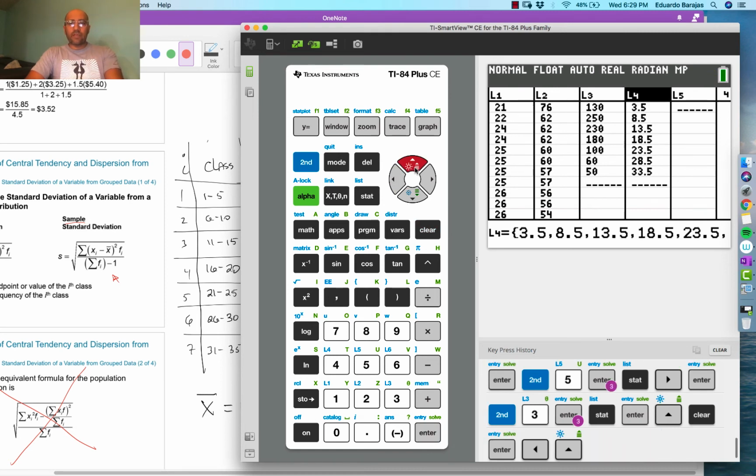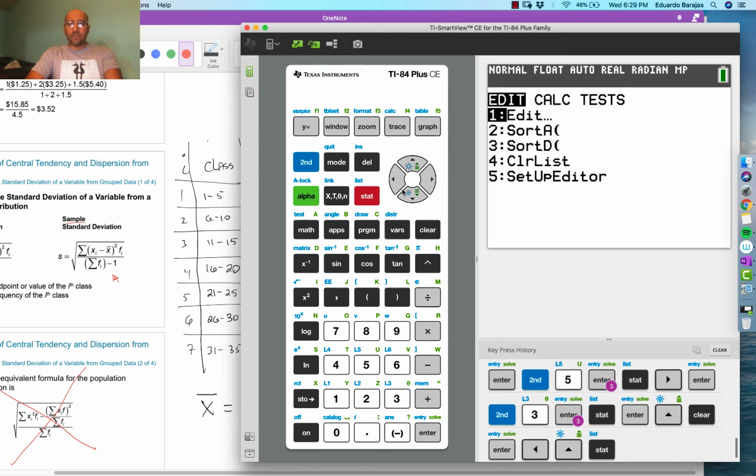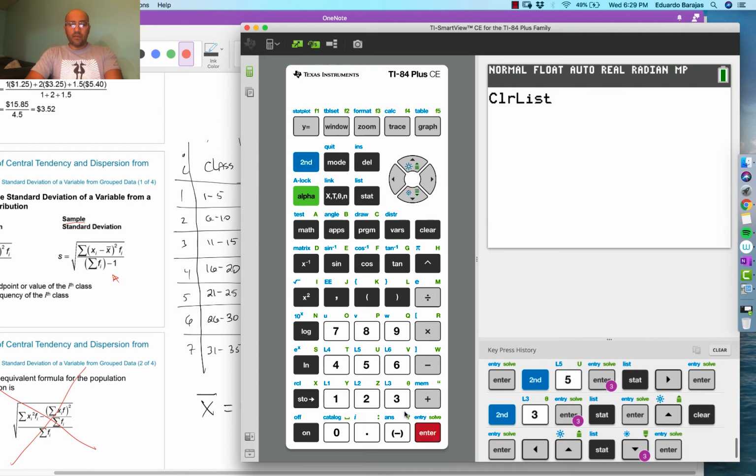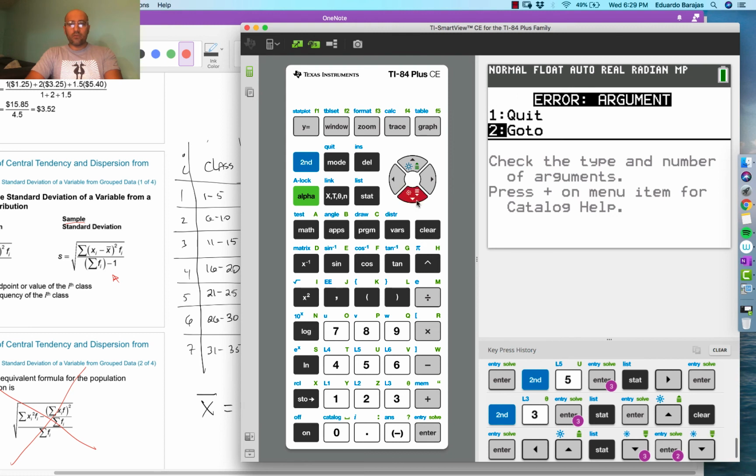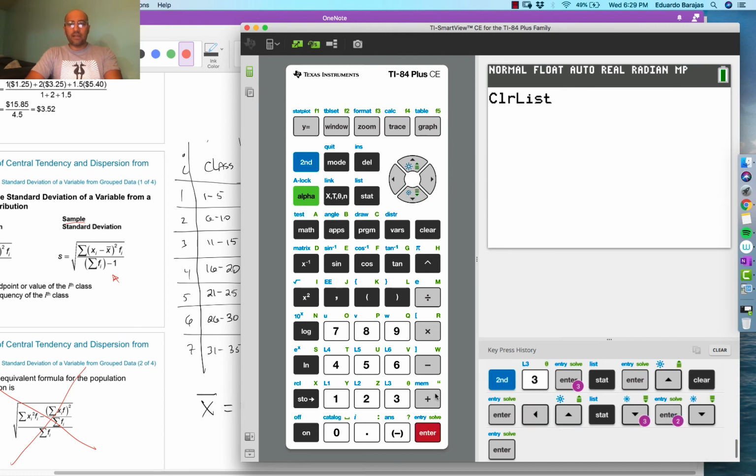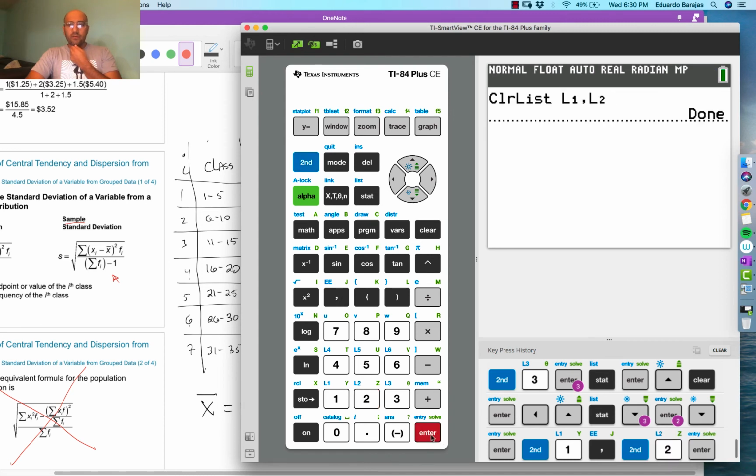Okay, well, instead of doing each one, I can also take this other shortcut: hit stat, and then go down to clear lists, hit enter, and then I think, can I just do it like this? No, it does want me to list the lists that I want to clear. So let me see, does it do L1, comma L2? It does.